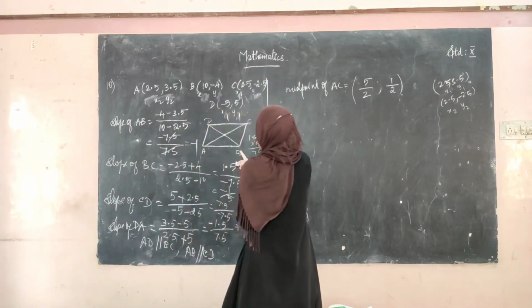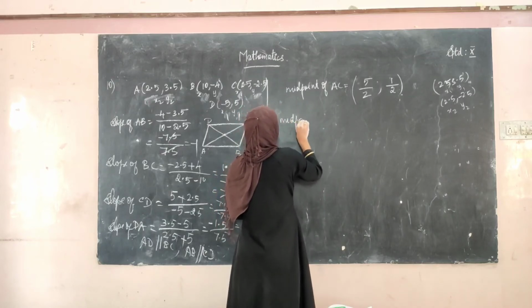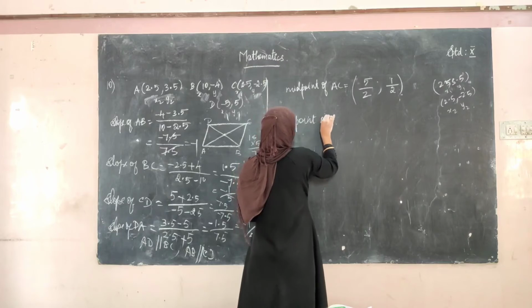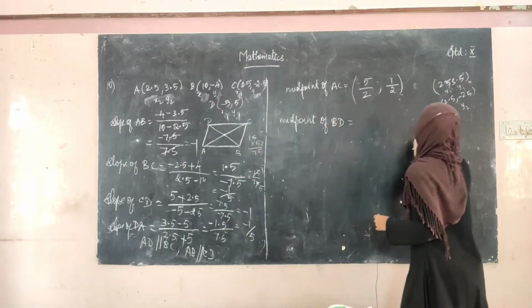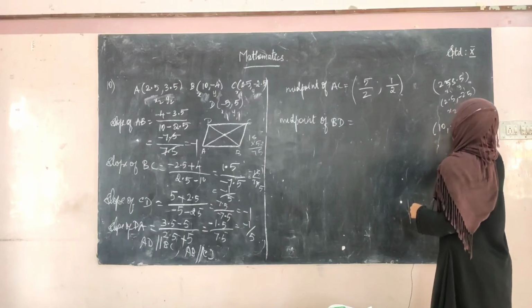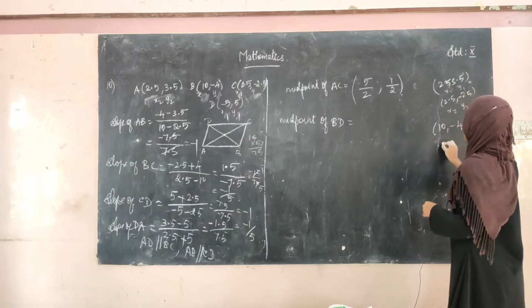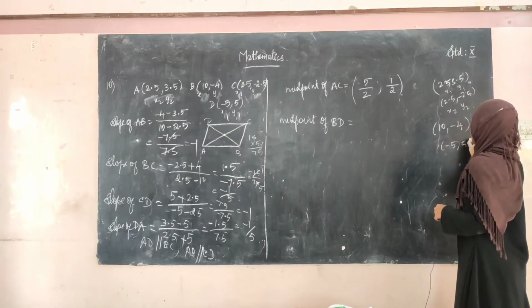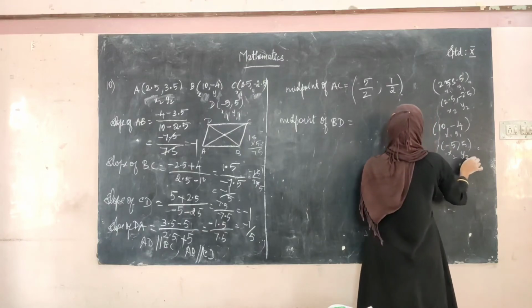So we have to find the midpoint of BD, right? Midpoint of BD is equal to, what are the points? It is 10 comma minus 4 and then minus 5 comma 5. x1 y1, this is x2 y2.